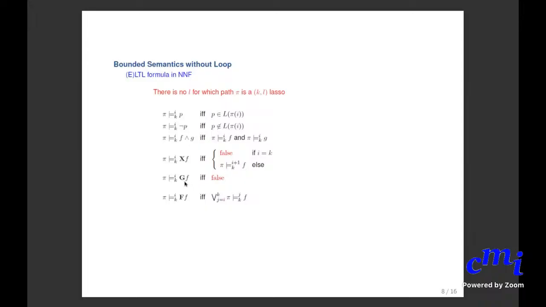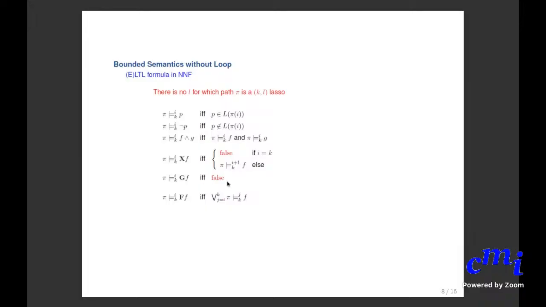Now, let's look at the G case. For G of f, this is true of an infinite path only if f is true in every suffix starting from I. Since we know that it is not lassoing, we only have a k-long prefix, and therefore there's nothing you can conclude about the infinite path by checking only for the finite k.